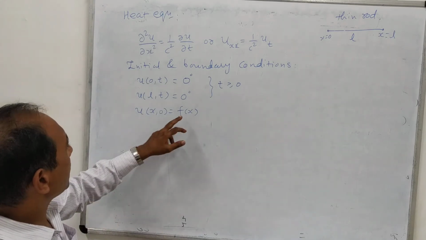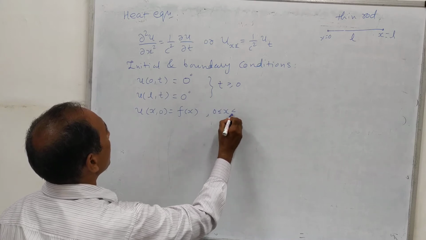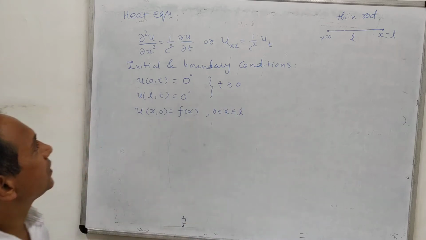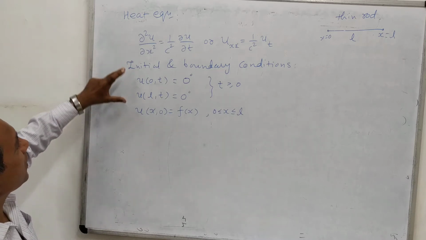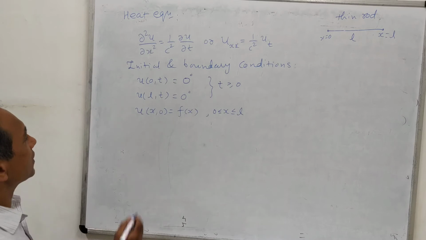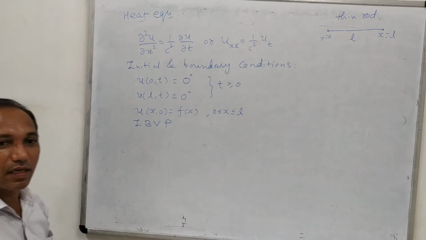We denote this as f(x) for 0 less than or equal to x less than or equal to L, because x lies between 0 and L. Together, this problem with these conditions is known as an initial boundary value problem, normally called IBVP.